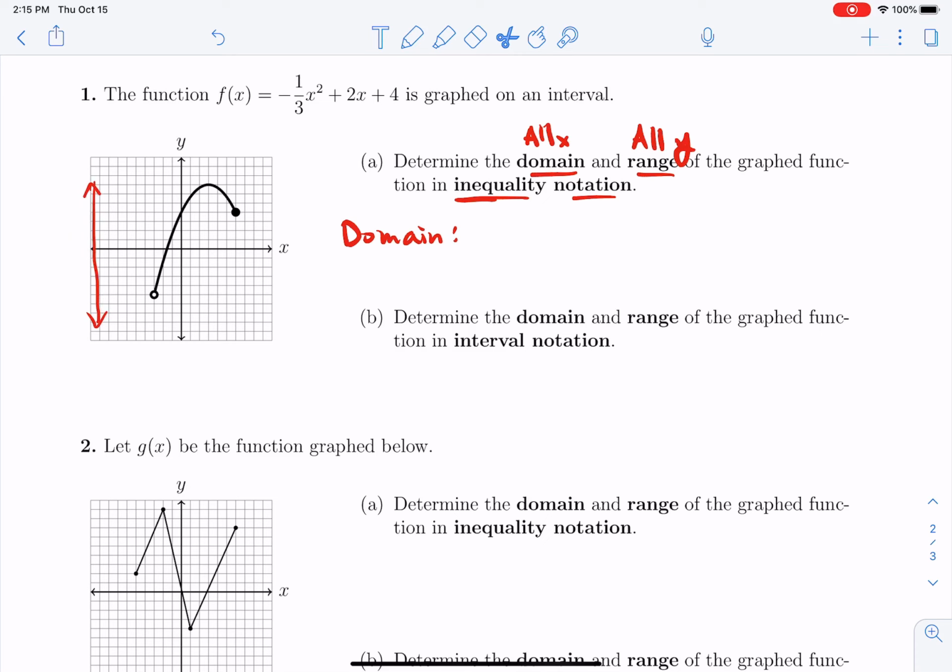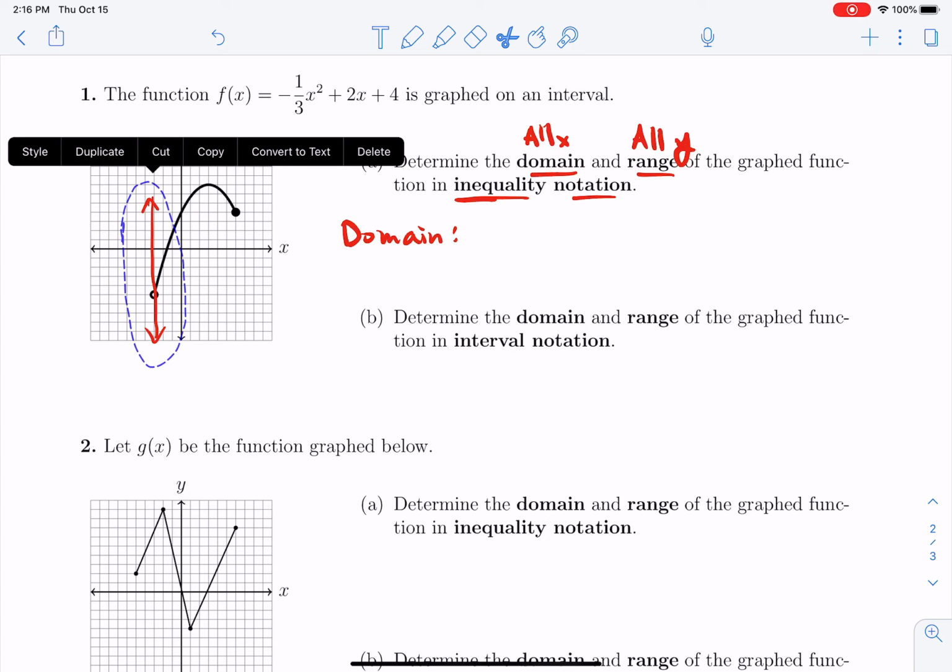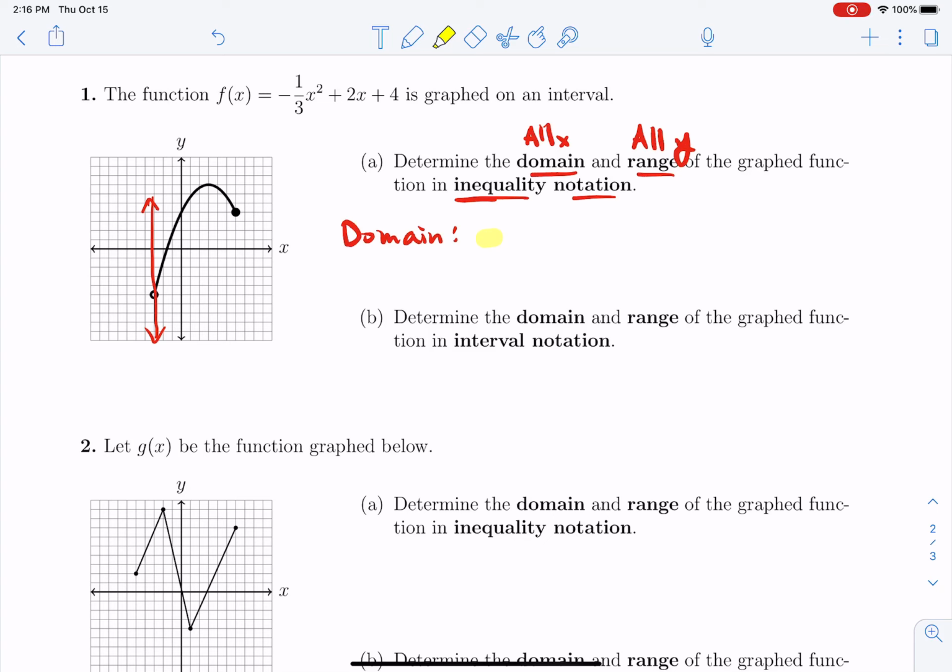So if I move my vertical line along the function, the leftmost bound of the function occurs right here. Okay, so that's at -3. So I know that my x is going to be no less than -3. Now, one thing to notice is that we have a circle that's not filled in there. So we're going to just use a less than sign.